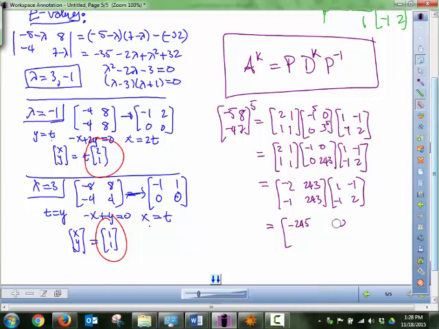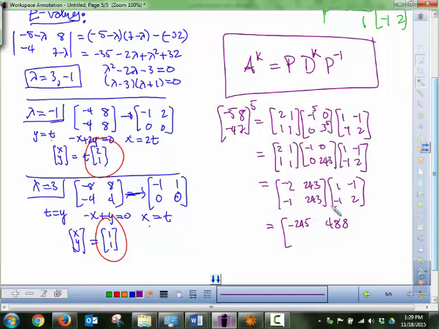Yeah, so what should it be? 488. Okay, and then -1 minus 243 would be -244, and then 1 plus 2 times 243 is 487. All right, that was not as easy as I thought.